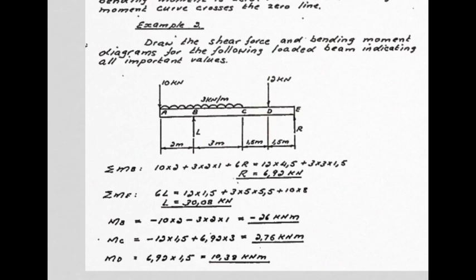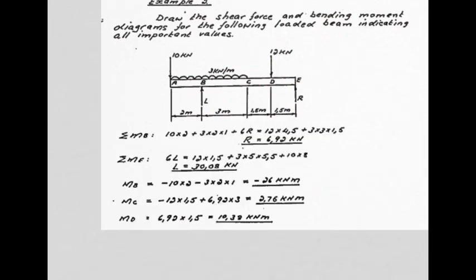Bending moment at C, place your hand here, expose the easier side, which is the right hand side by the looks of it. So we have minus 12 times 1.5 plus 6.92, which was R, times 3 meters. We've got the bending moment at C. Bending moment at D, very simple, it's just 6.92 times 1.5.